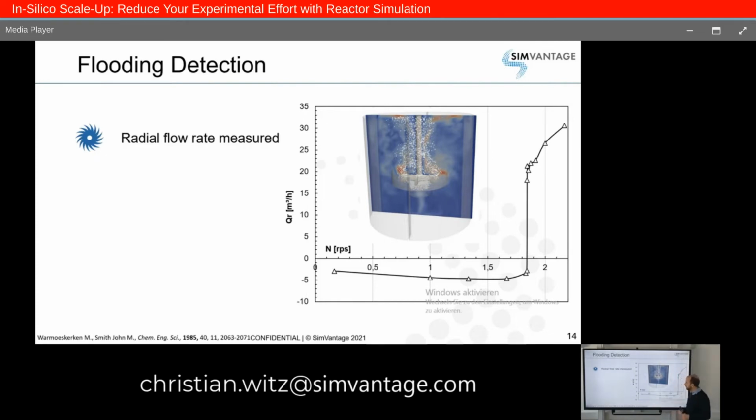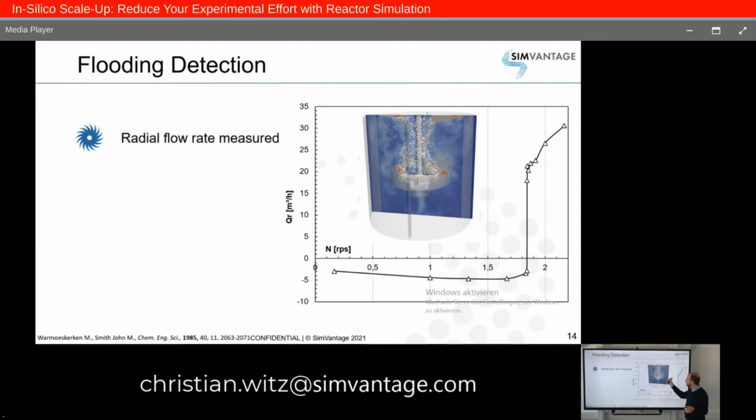So what we do to detect the flooding is that we place a virtual cylinder around the stirrer. And now, if the stirrer functions correctly, the flow is from the inside to the outside of this virtual cylinder because the stirrer pushes the fluid outwards.